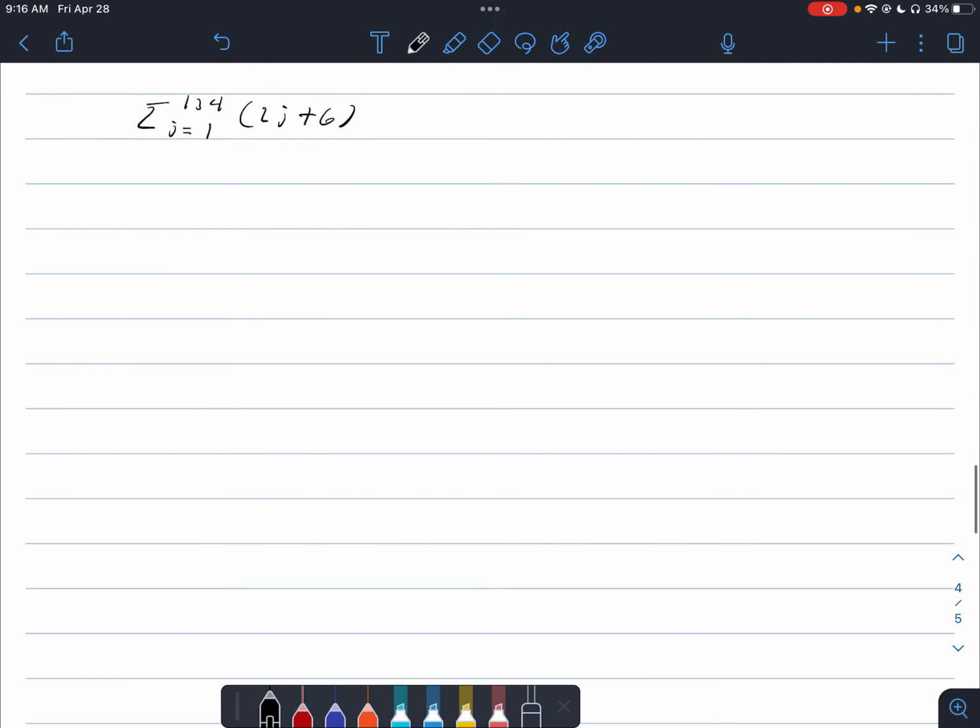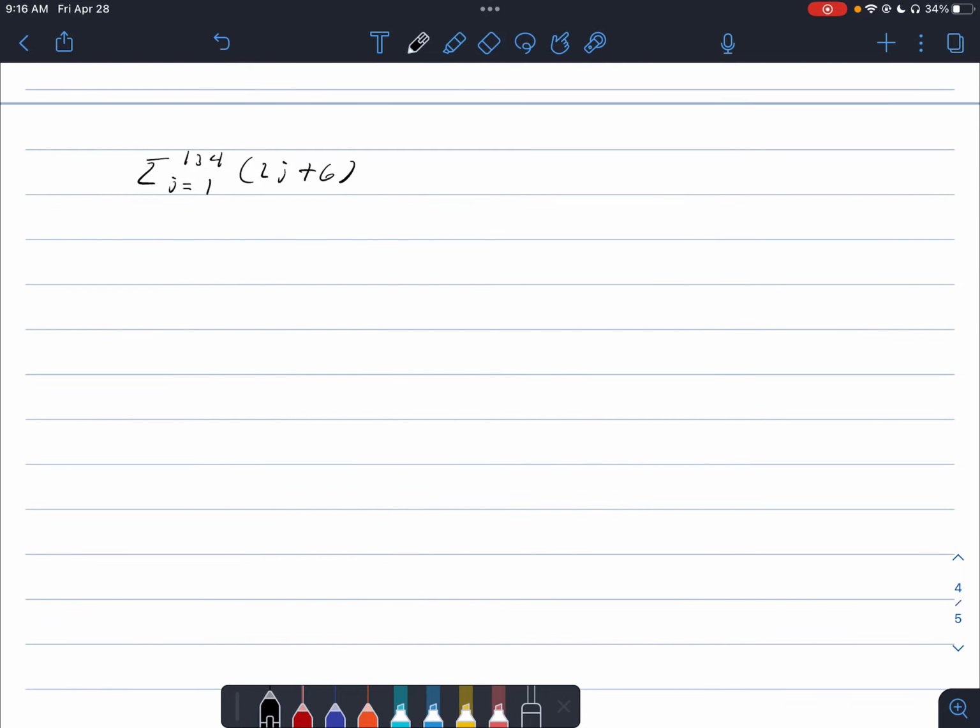So let's see what this looks like expanded. First we'll plug in j equals 1. So 2 times 1 plus 6 gives us 8. If we plug in j equals 2, we'll have 2 times 2 is 4, plus 6 is 10. j equals 3 will give us 6 plus 6, which is 12.